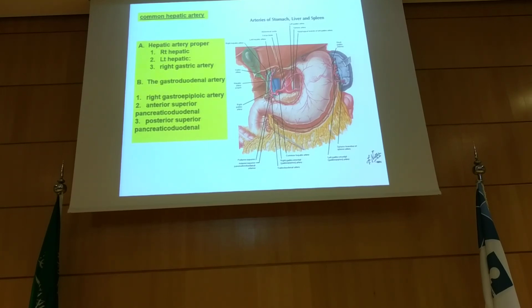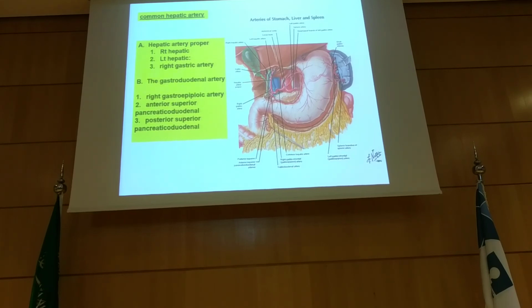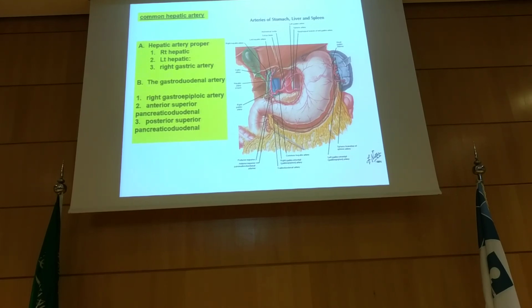Now remember this gastroduodenal artery? As it descends, it's going to give us two arteries that will ride the pancreas like this. It's called superior because it is superior. One is anterior, one is posterior. Pancreatico-duodenal artery, because it will supply the pancreas and the duodenum.